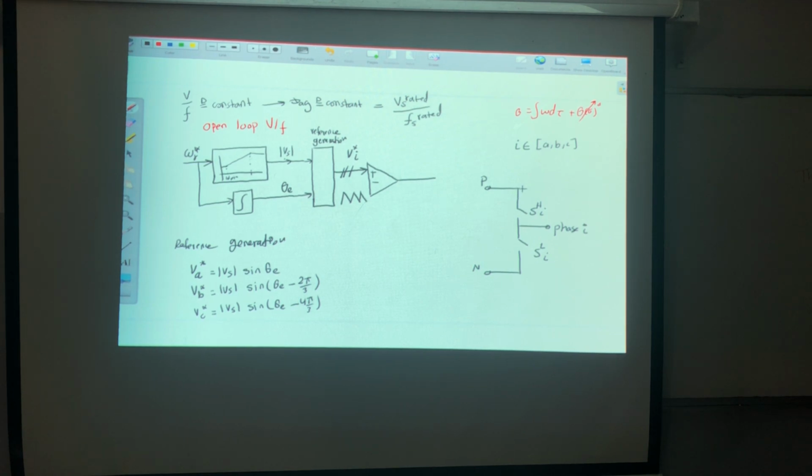So here I will have another 2 legs. So I need to generate the gate pulses for phase I, which is A, B, and C. So if I compare, I will get the gate pulse for the upper switch of phase I.